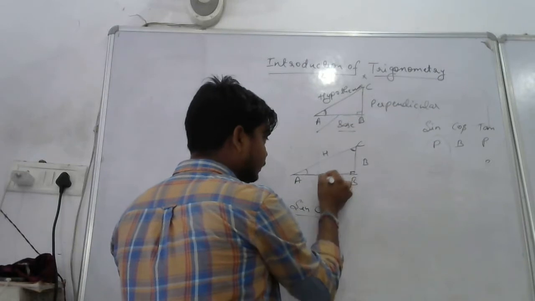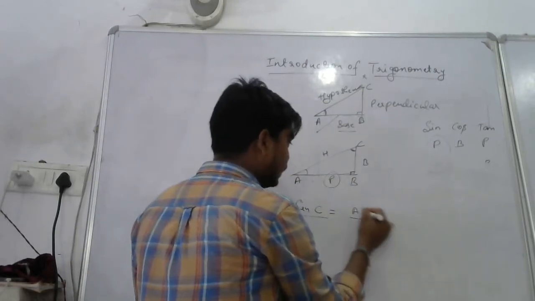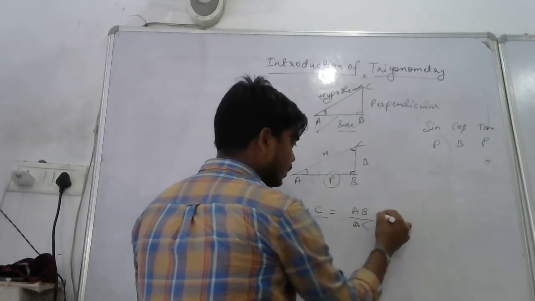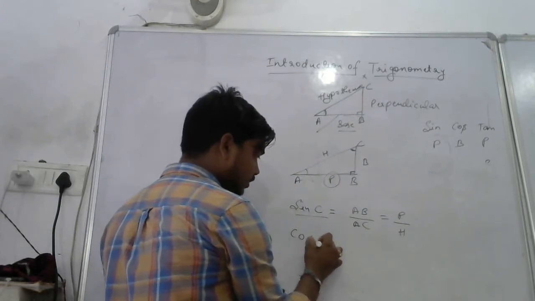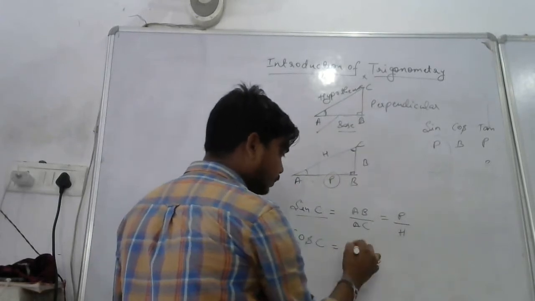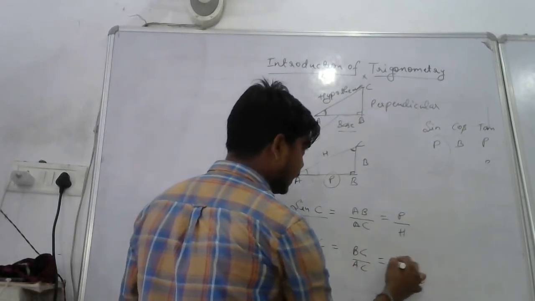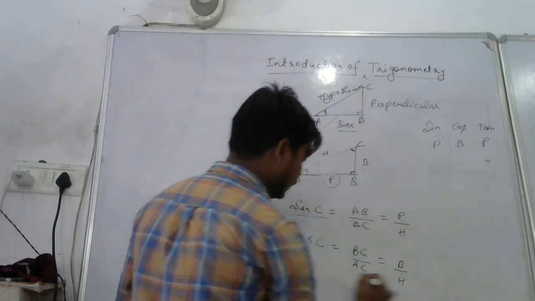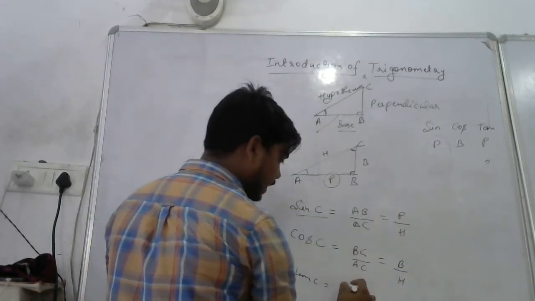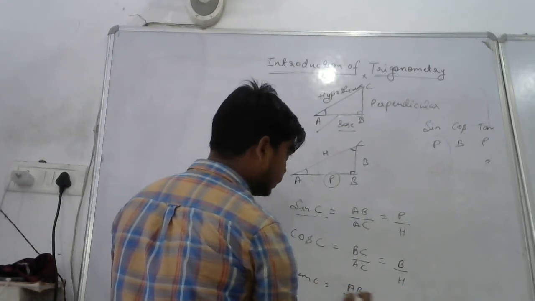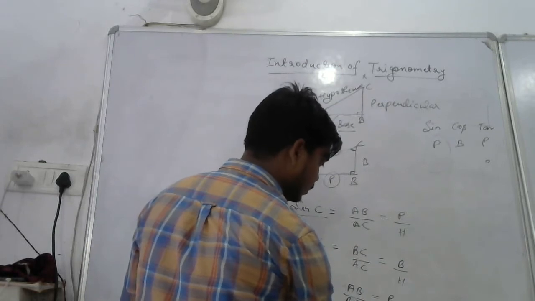So we write sine C. Here for sine C we treat AB as the perpendicular and AC as the hypotenuse, so we write P upon H. Similarly, we write cos C: BC is the base and AC the hypotenuse, so we write B upon H. Similarly, we can write tan C. This is the perpendicular, this is the base, so we write perpendicular over base, AB upon BC.